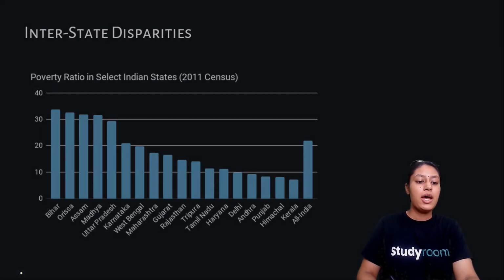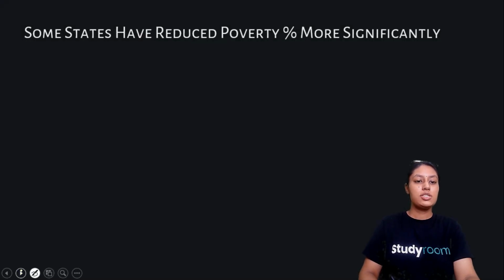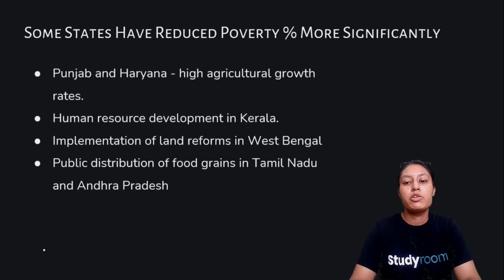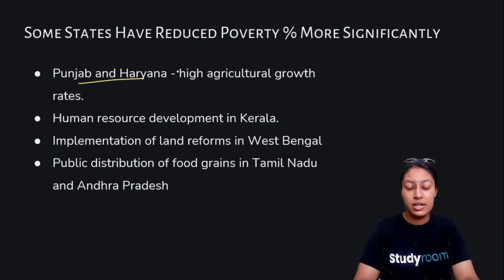Some states have reduced poverty more significantly. There are states that were poor, but now when we consider their data, it has improved, and these states are Punjab and Haryana. The reason their poverty level has decreased is that they have a high agriculture growth rate.